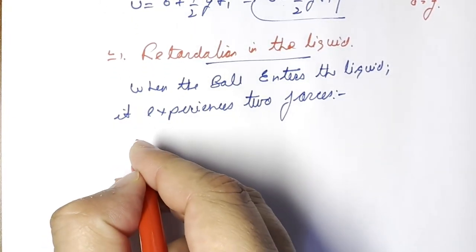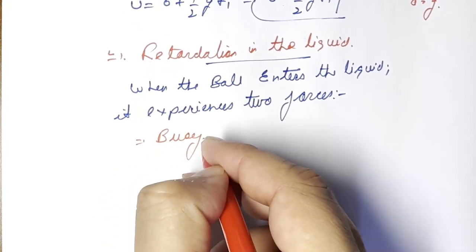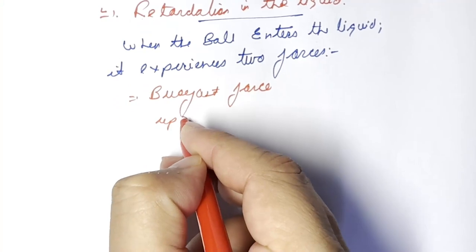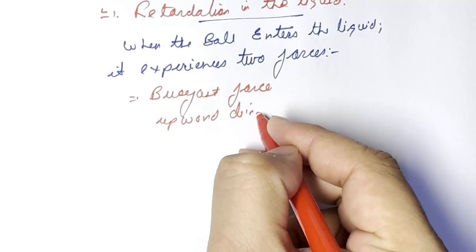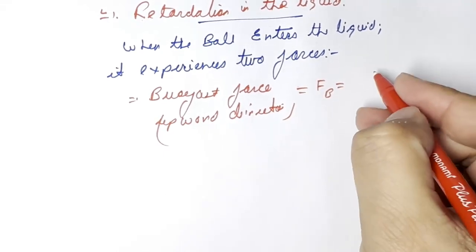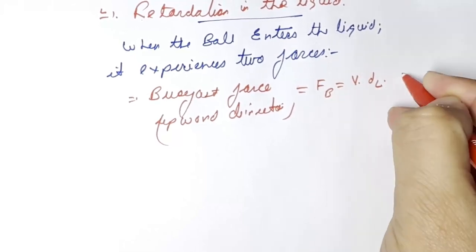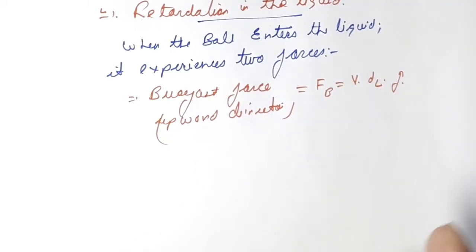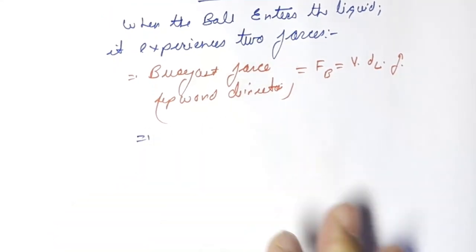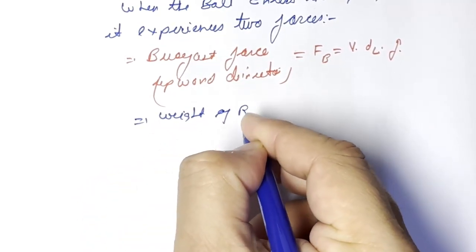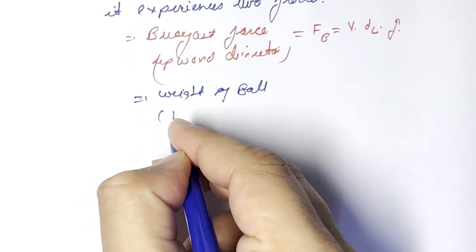Buoyant force, which is in the upward direction, let us call that FB, equal to V multiplied by DL multiplied by g, where V is the volume of the ball, because it is completely submerged, so the amount of liquid displaced is equal to V. Next is the weight of the ball, in the downward direction.